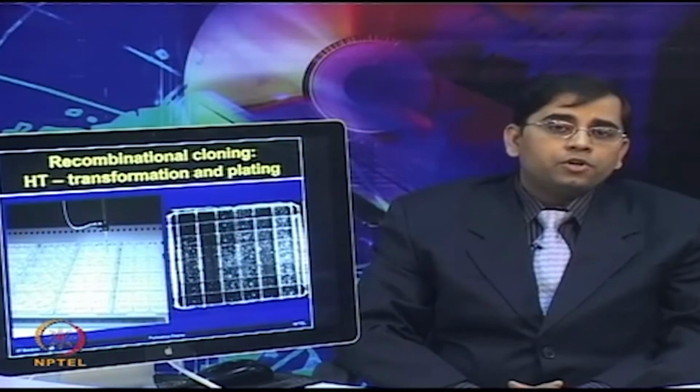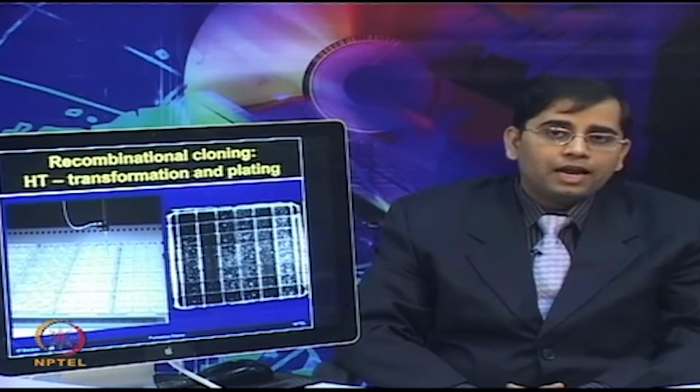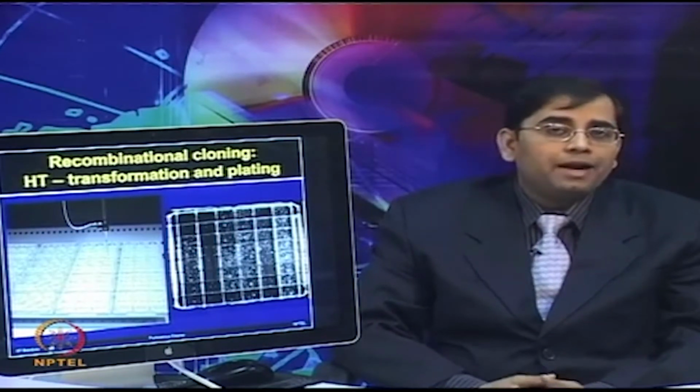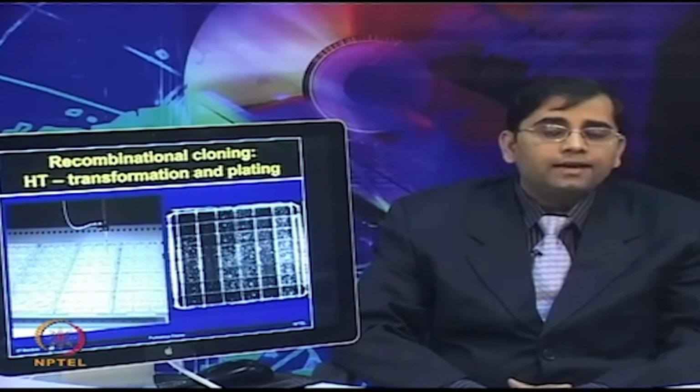So, in recombinational cloning, the high throughput way of doing transformation and plating is very crucial. It provides automation during bacterial plating, and colony picking reduces the error rates.